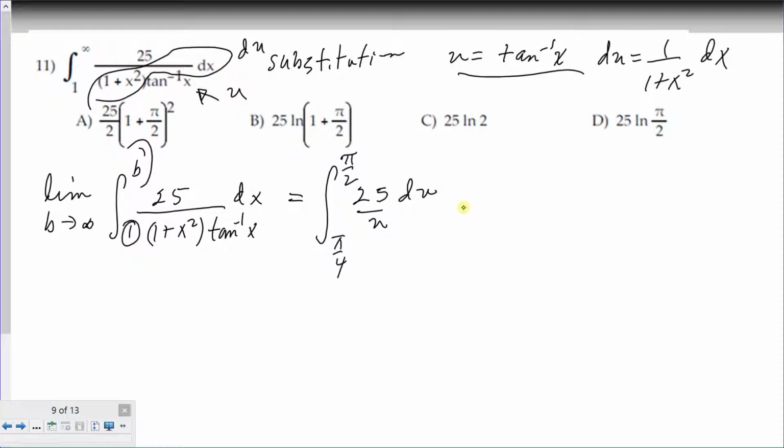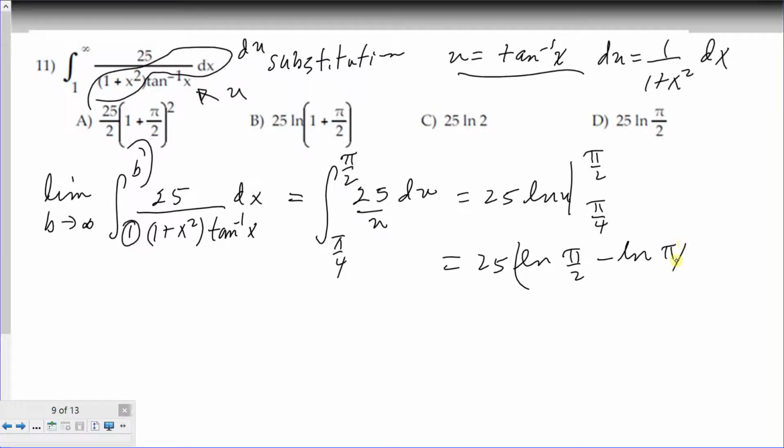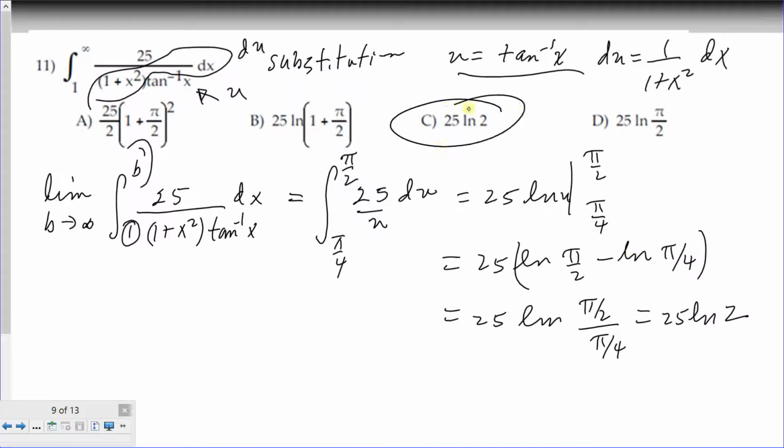So the integral reduces to the integral of 25 over u du, which is 25 ln of u between pi over 4 and pi over 2, equal to 25 (ln of pi over 2 minus ln of pi over 4). And this really reduces to 25 ln of (pi over 2 divided by pi over 4), equal to 25 ln of 2, which is answer C.